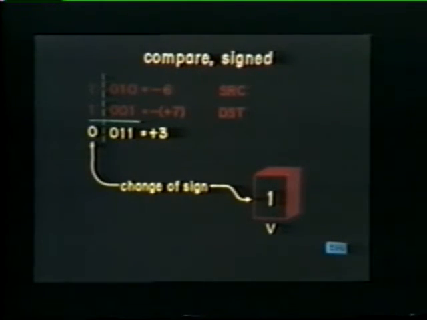Notice that a compare instruction subtracts the destination from the source, in this case 7 from -6. Because subtracting 7 from -6 results in both an erroneous answer and a change of sign, or an overflow condition, the CPU sets the V bit. Therefore, if A is less than B, then the V bit is set, provided both numbers are signed numbers.